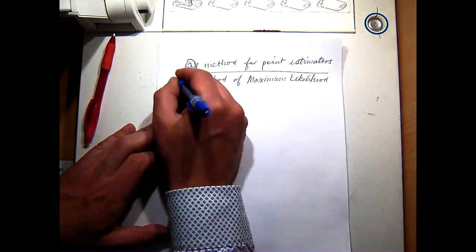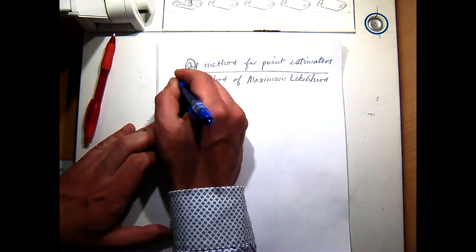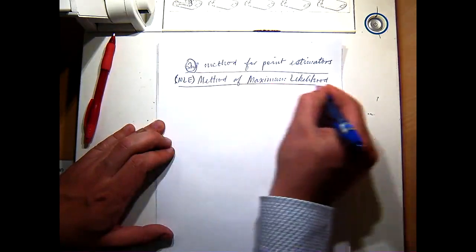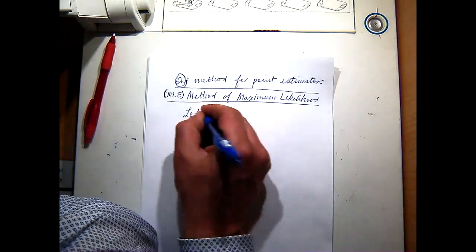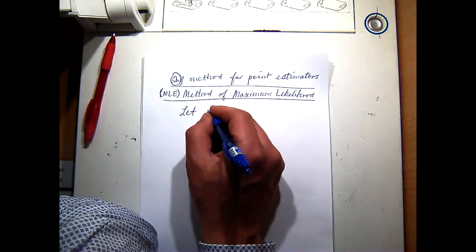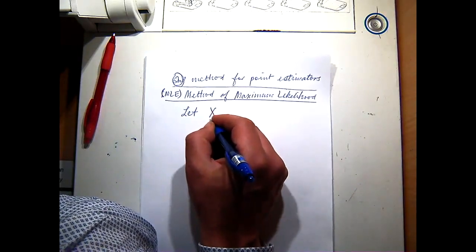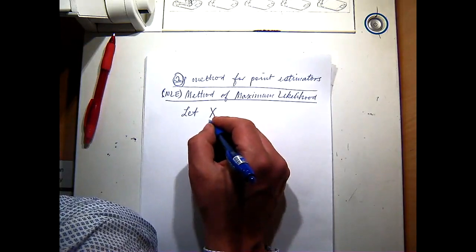So let's do the method of maximum likelihood. This is always called MLE. First of all, before we maximize the likelihood, we have to say what the likelihood function is. I'm going to do it in this notation: let X be a sample or other set of observations related to a distribution with unknown parameter theta.